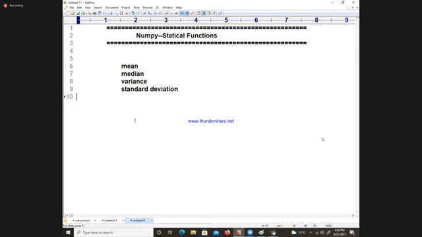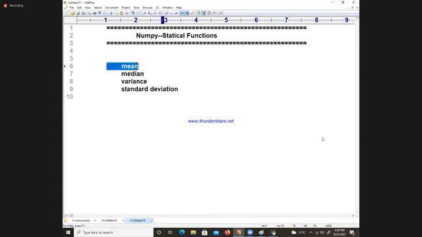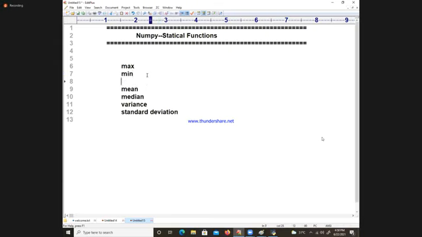Let us start with what exactly mean, mode, variance and standard deviation are. I will give you some examples and we will apply them. Along with that, we will find the maximum value, the minimum value, and the average.